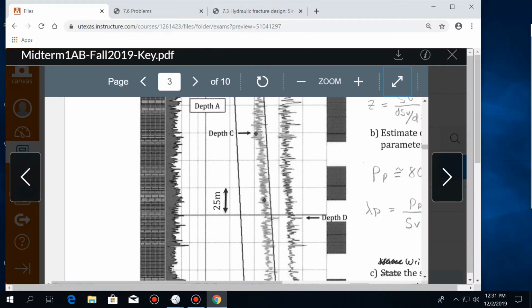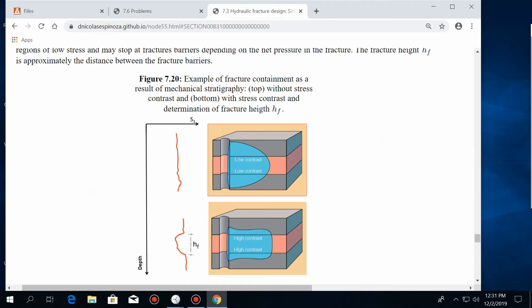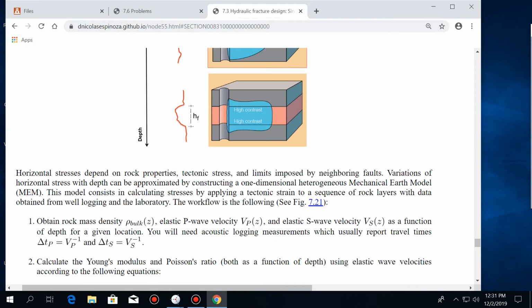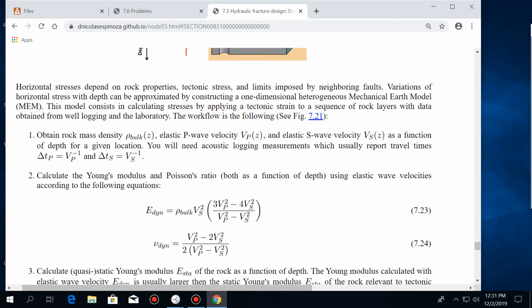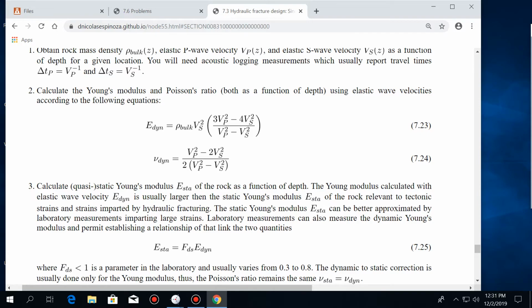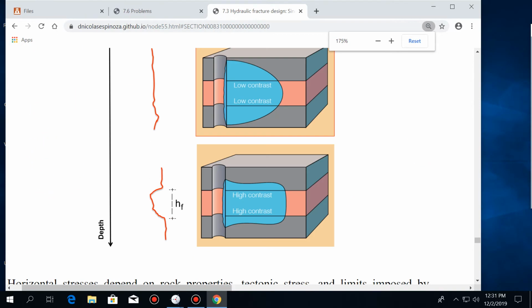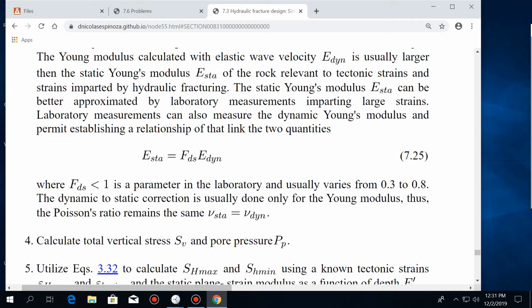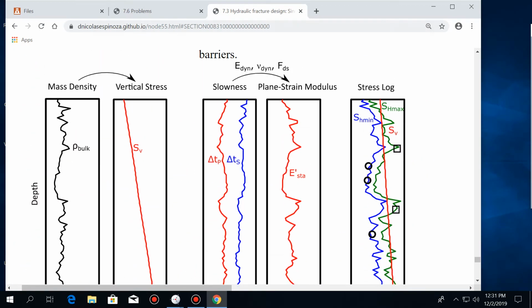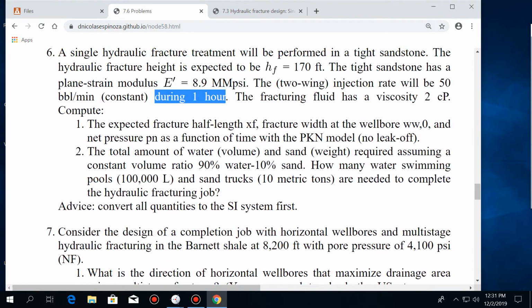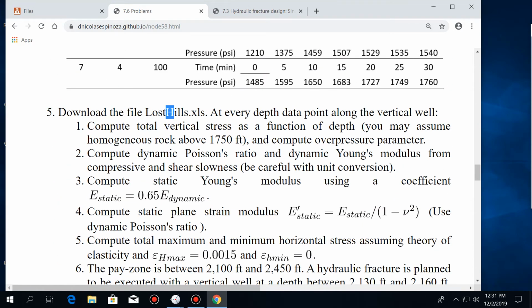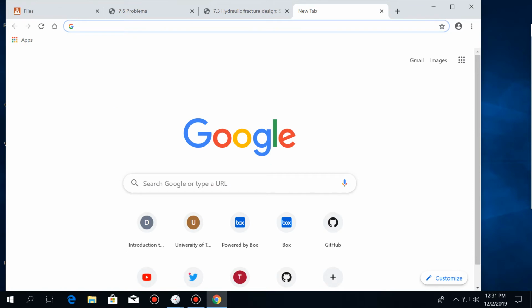All right, so I have a more simplified case over here. We already discussed this. Okay, so the first step is over here, and let me go to the problem. In number 5, you're going to have to download this file, which I don't have the link for over here, but let me try to find it quickly.